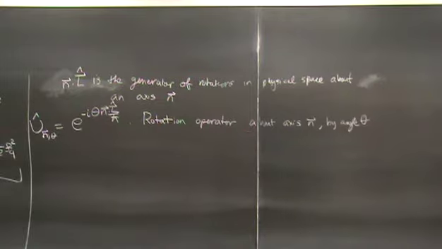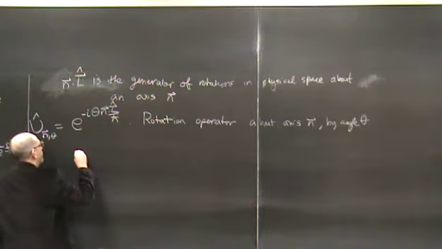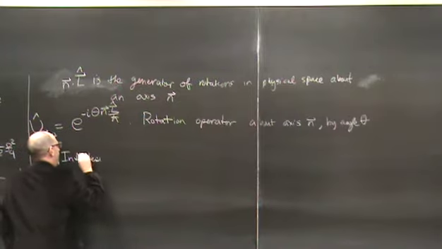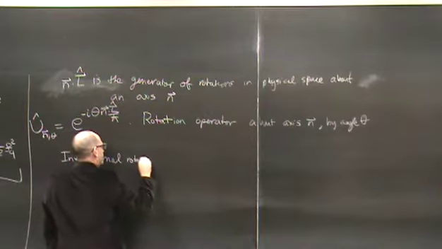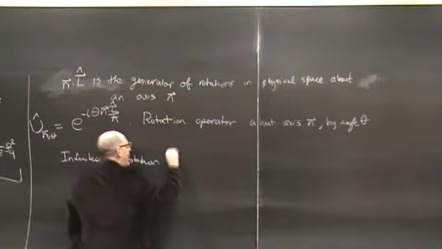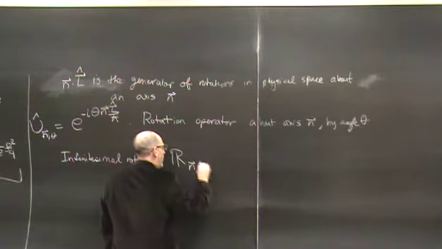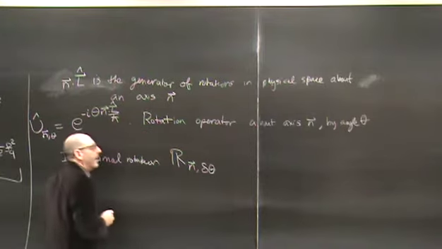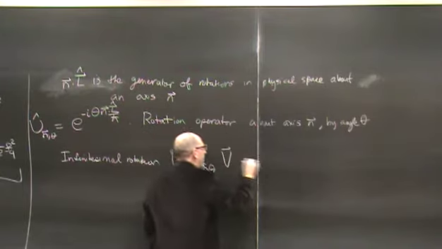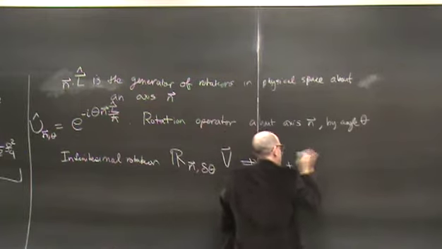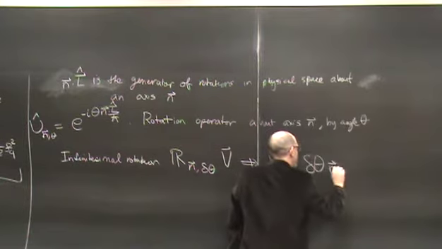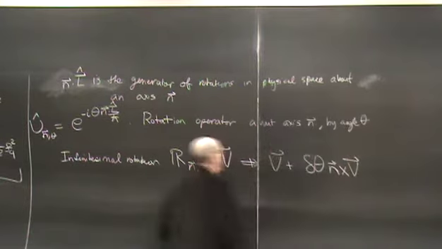Okay. And given that for an infinitesimal rotation, if I rotated some vector about an axis by infinitesimal delta theta, what I get is the vector plus a little amount along the direction of the cross product. We argued that last time.